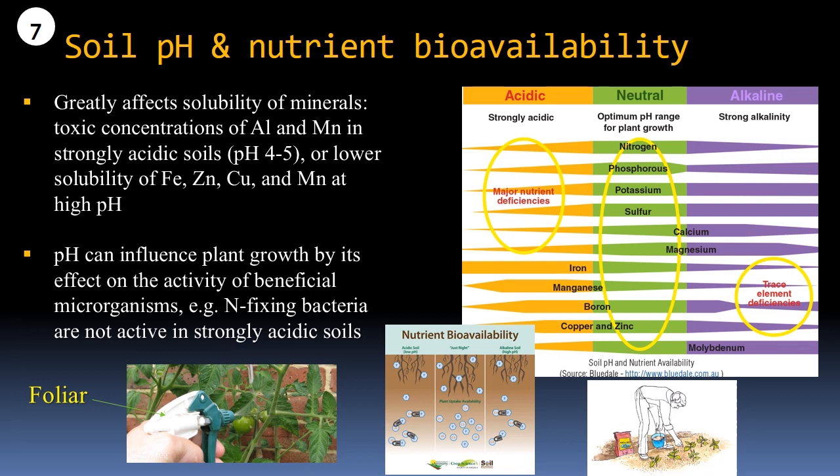So they add, for example, lime, calcium carbonate, to the soil just to bring up the soil pH, and therefore make the macronutrients, which are very essential and needed in larger quantity by the plant, available to the plant.